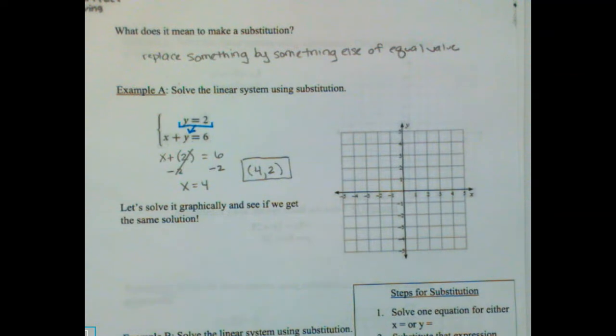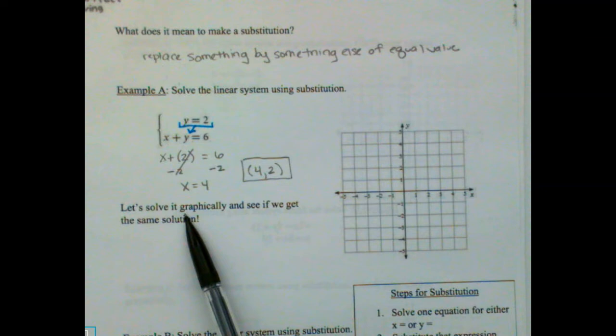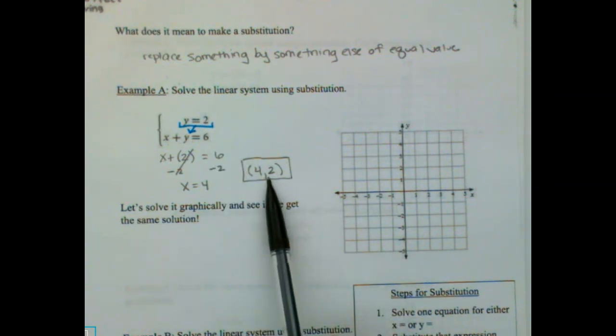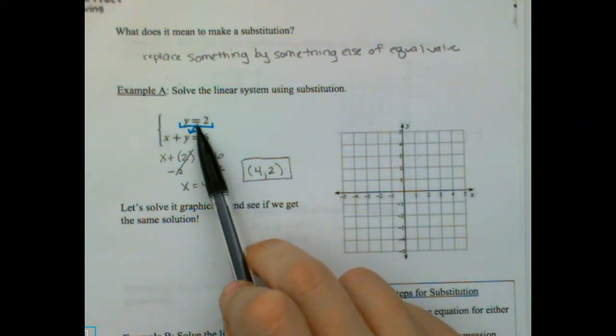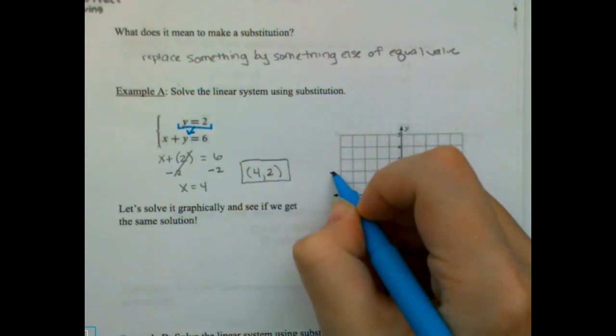Okay. Now let's take that same system and solve it graphically. Let's graph each of these lines onto my grid and see if they intersect at 4, 2. They should. So y equals 2 is going to be that horizontal line that goes through the grid here.